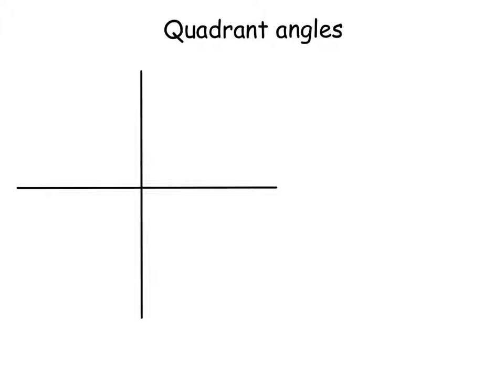So the quadrant angles can be a little bit tricky. I'm talking about here, right, I'm just going to talk radians, and here, if our angle is at pi over 2, here if it's at pi, and then down here if we're at 3 pi over 2.